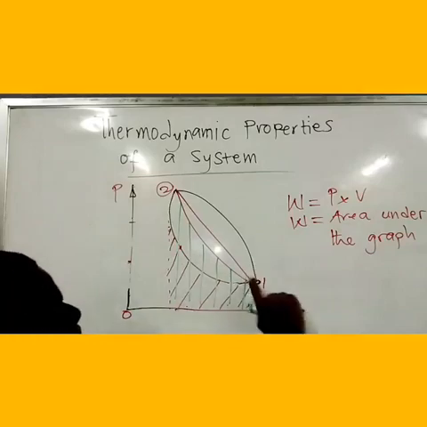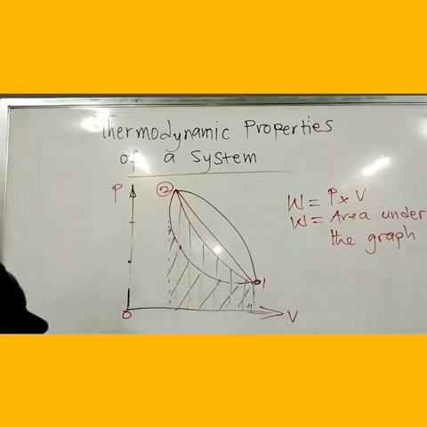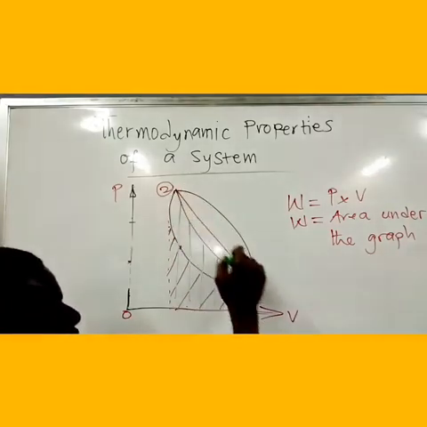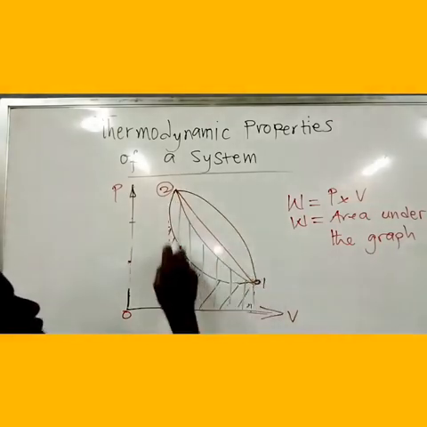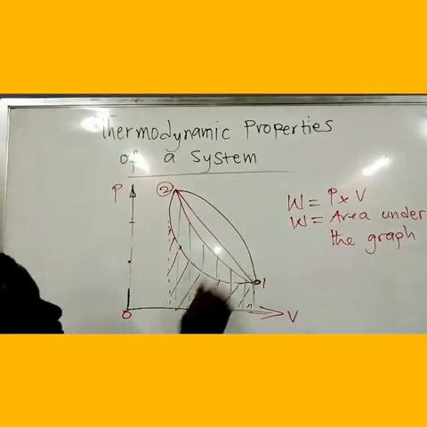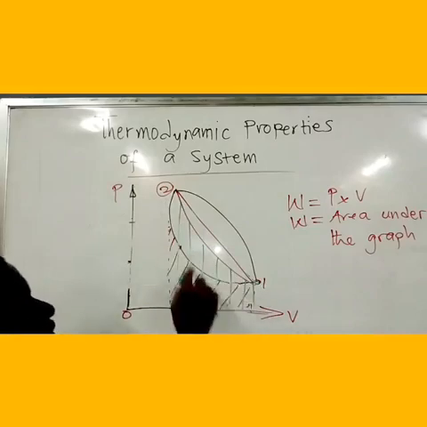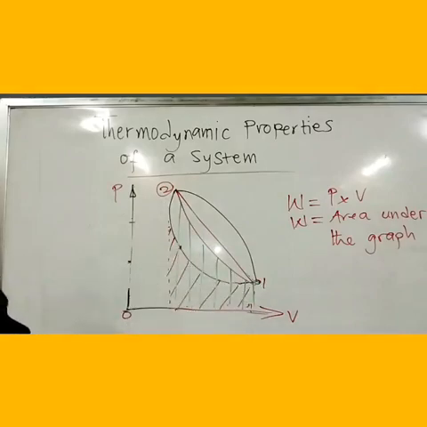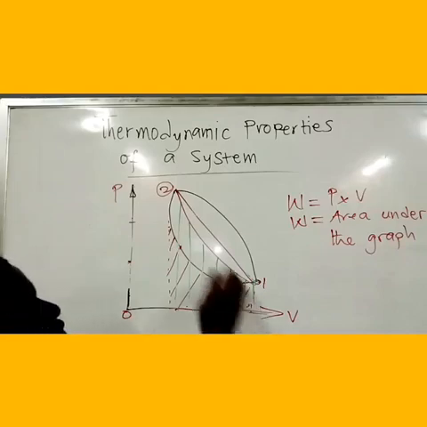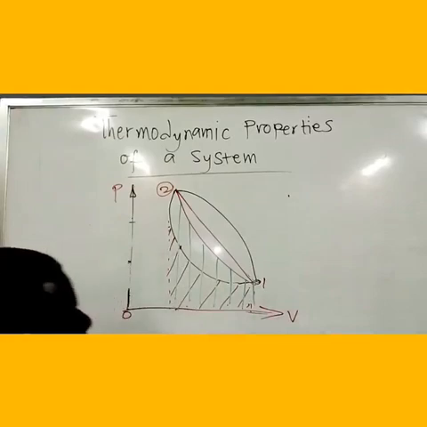Because you have drawn this hyperbolic graph, if we have a straight line graph and compare it to this hyperbolic graph, the straight line graph using the same initial and final points will have more area than the hyperbolic graph. So it means that work done depends on the path the fluid passes to reach the final state. So work done is not a property of a system.